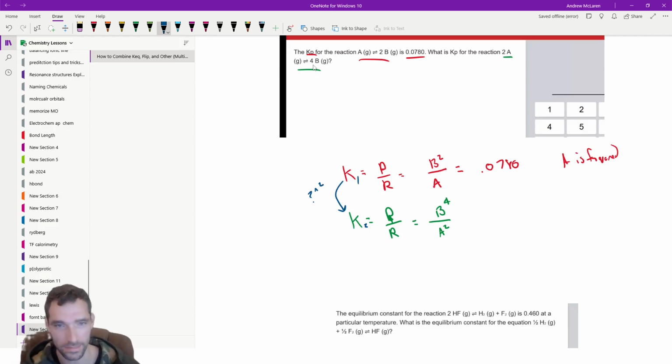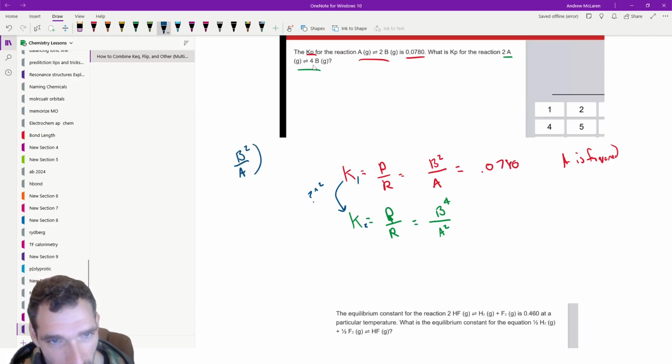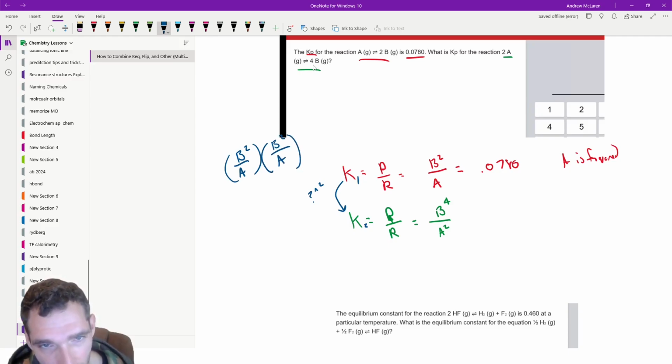You can see that if you were to take B up to the second power and A up to the first power, and then multiply that with another one, you're going to get that B up to the fourth power over A up to the second power. Now each one of these has a value of 0.078, and so you're kind of just squaring it right there.